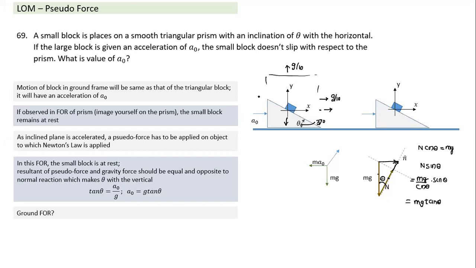Case 2: what happens if it is given a leftward acceleration of g by 10? What happens in case of downward acceleration of g by 10? One thing we can clearly understand here: in these 2 cases, the normal reaction will be greater than mg cos theta. In these 2 cases, the normal reaction will be less than mg cos theta. And you will understand why it will be so if you have understood this particular figure.